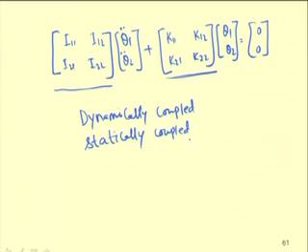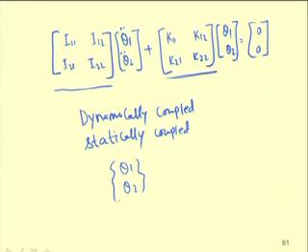So, if the off diagonal terms are present, then the systems are coupled. So, for this case, if these off diagonal terms are non-zero, then the system is both dynamically and statically coupled.